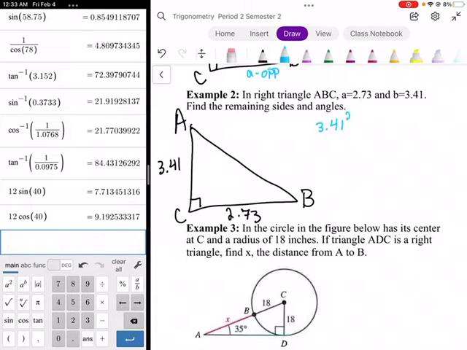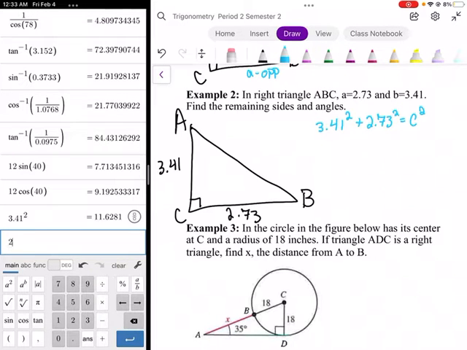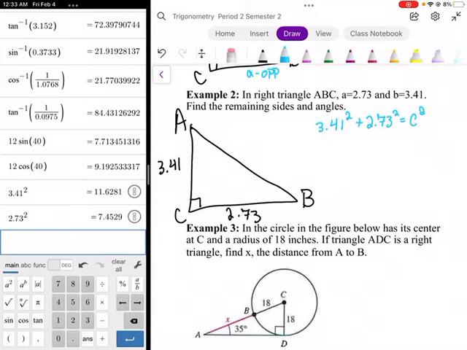We'll take 3.41 squared plus 2.73 squared. That's equal to c squared. And I'm just going to type that into my calculator really quick to figure out what these all equal.